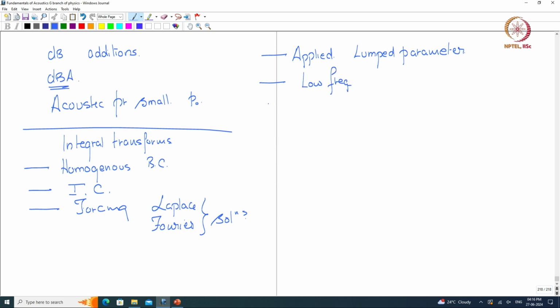So here we saw the side branch resonator, which is used to suppress pulsations. Then we saw the Helmholtz resonator. So that's the total extent of the course.